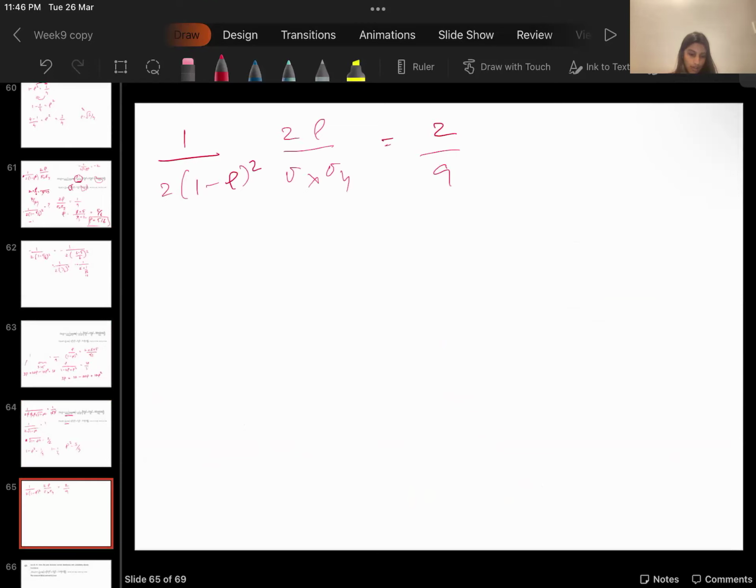It's so hard to calculate that here. Square root of 3 by 4 is the square root.